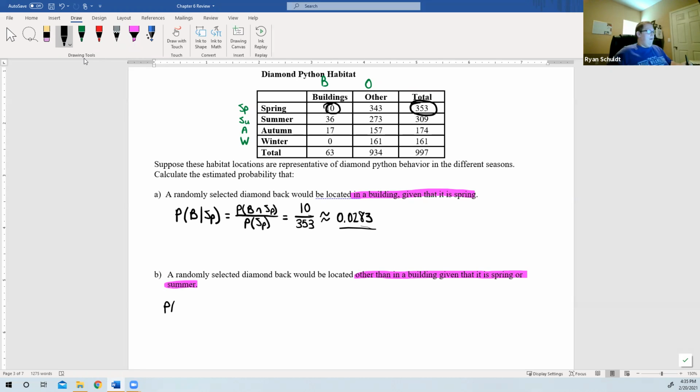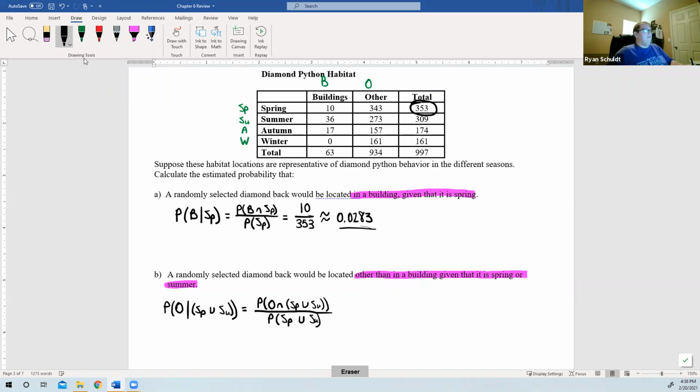So probability of other given spring or summer. This is going to be the probability of other and spring or summer, divided by the probability of spring or summer.